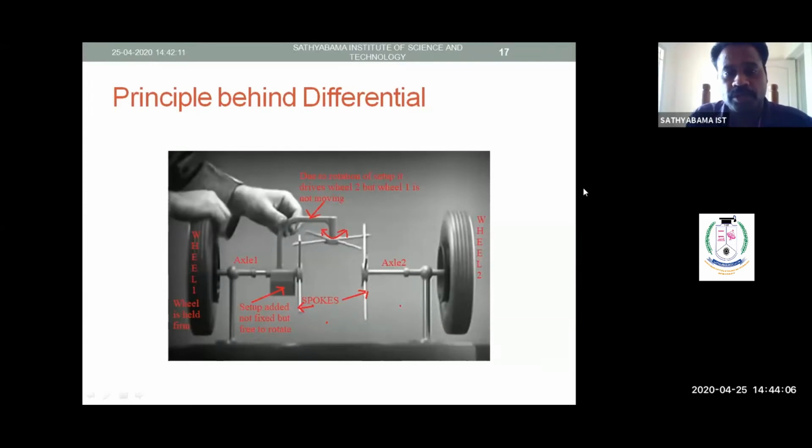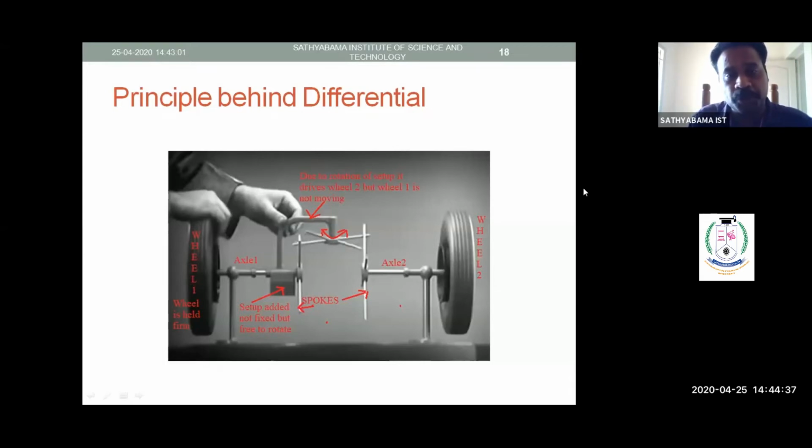Now just see the difference between the previous picture and this picture. Here he is holding the left side wheel. That means he is applying the brake. With one hand he is holding the left wheel, so wheel 1 is stopped completely, and it is connected with axle 1. Wheel 2 is free to rotate, and he is adjusting the lever due to the rotation of the setup.